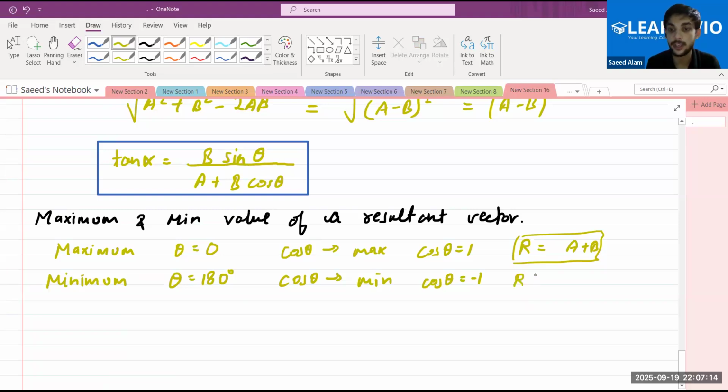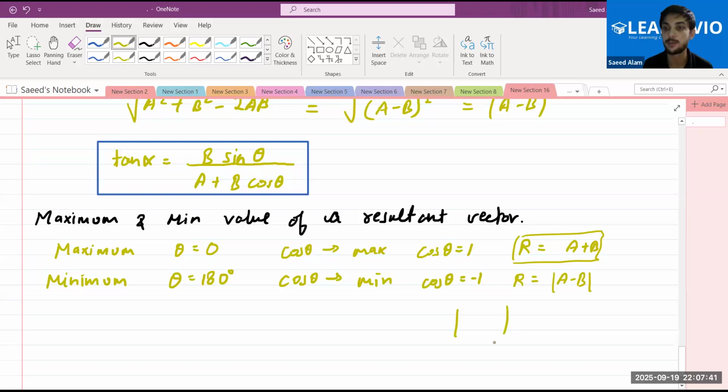And what will this R become? R will become A minus B. Yes or no? Okay, understood this? And I'm taking the magnitude of this one because it is not necessary that A will always be greater. Maybe B is the greater one. We are talking about the magnitude, so we'll always take the answer in the plus sign. That's why I'm putting this mod.